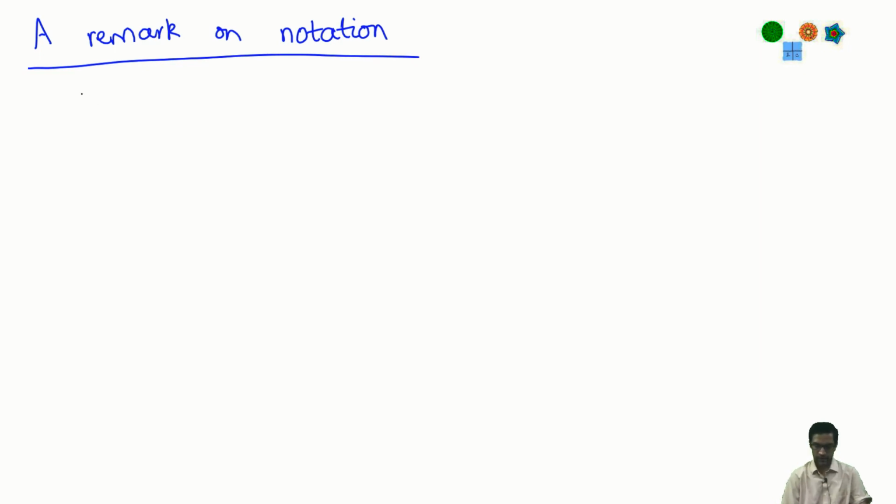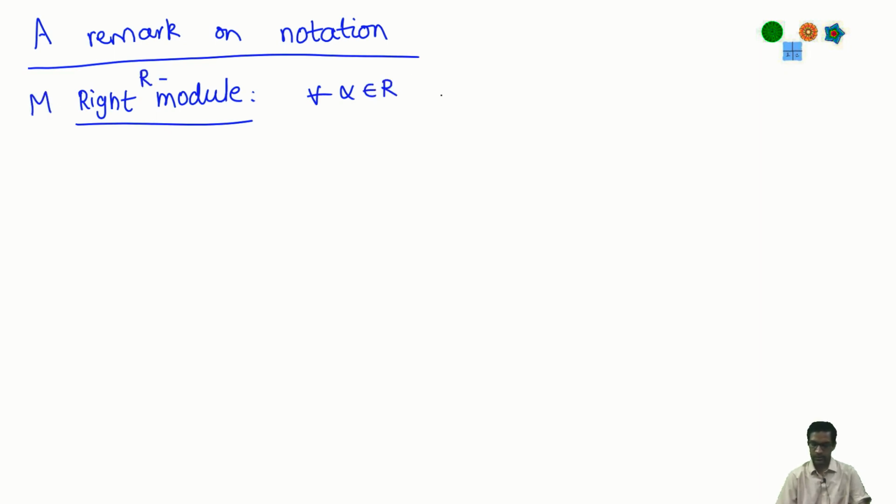Now recall that saying M is a right R module just means that I have a notion of scalar multiplication, for all alpha in R, and we denote this scalar multiplication like this.